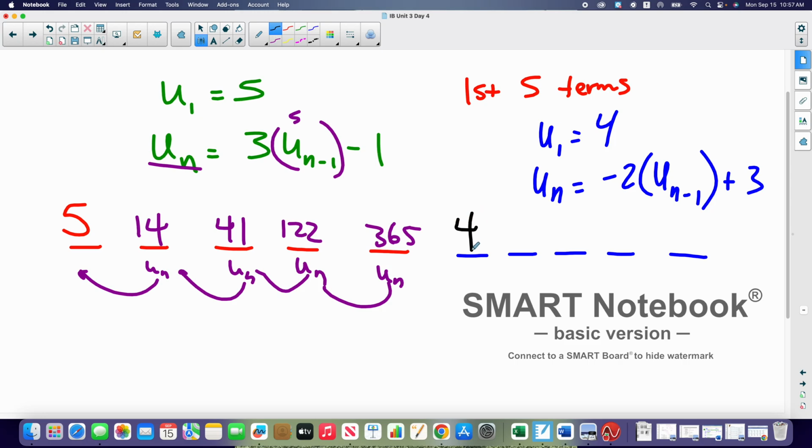Now to get this one, I'm using the one before it. So I'm going to put the 4 in. So that's -8 plus 3 is -5. That's what I'm saying, it would be 4 minus 1. Where do you get 4 minus 1?